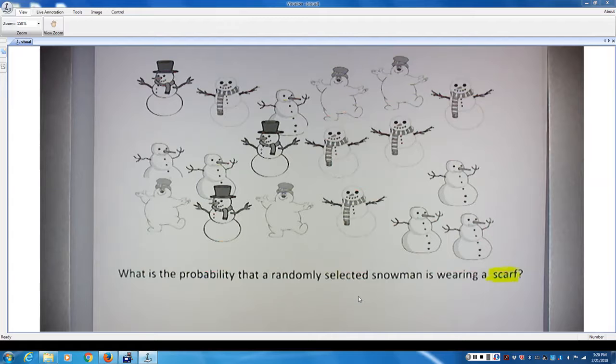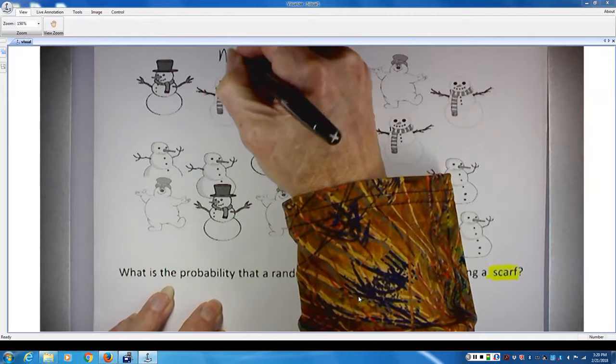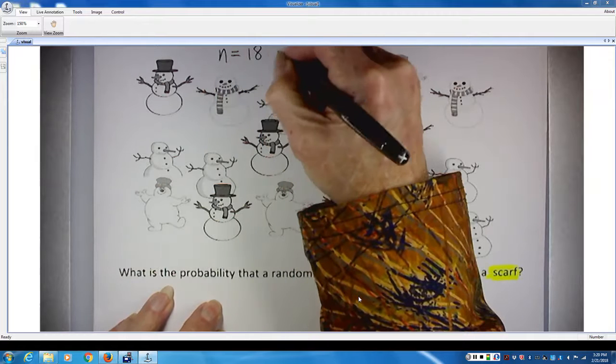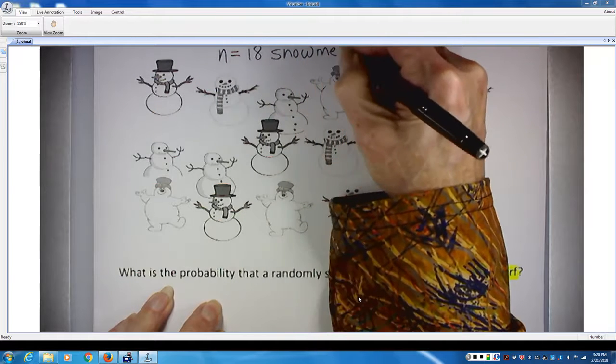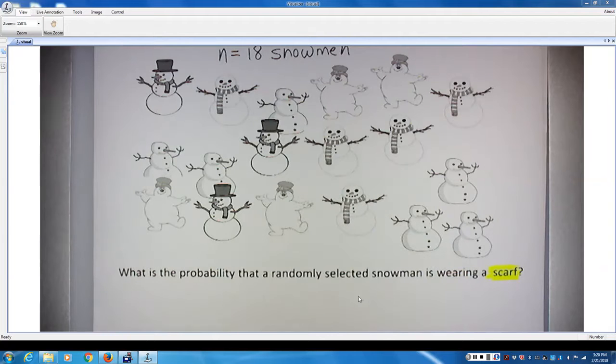How many snowmen are in that picture? 18. Okay. That's going to be throughout this whole entire thing. There's a total of 18 snowmen.